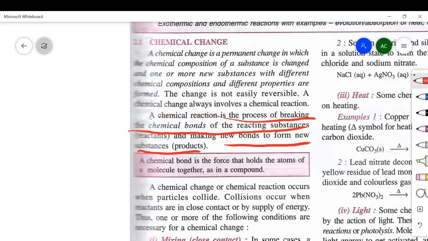This we'll see with an example, but first we'll see the definition of chemical bond. What is a chemical bond? A chemical bond is a force which holds the atoms in a molecule together. Whenever a molecule is formed, the bond between the atoms which are combining to form the molecule is known as a chemical bond.